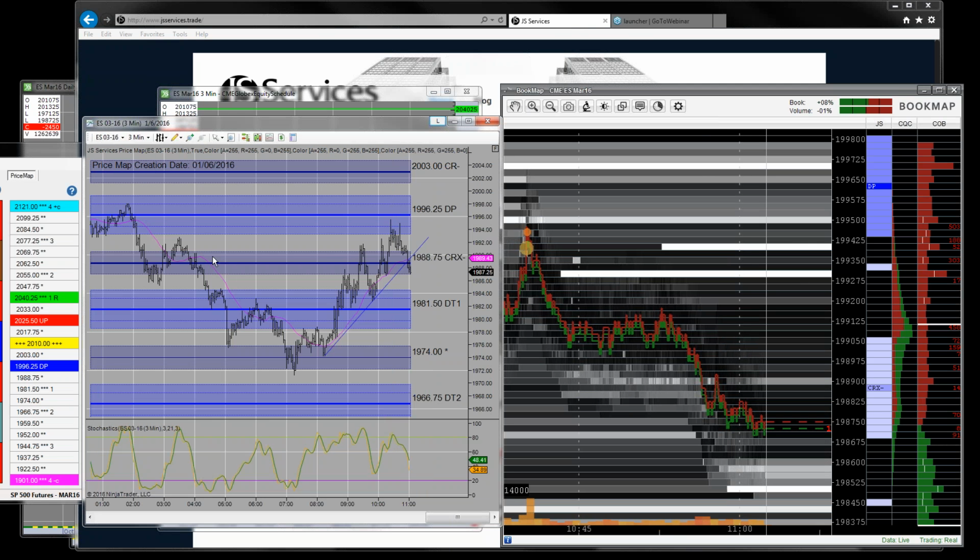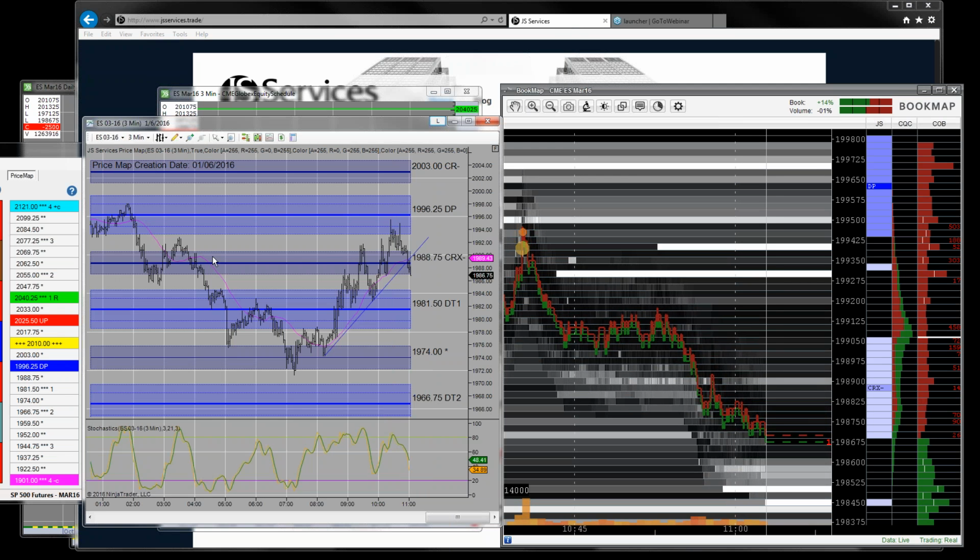Then combining that quantitative analysis with more behavioral, qualitative analysis of the technical analysis, and then looking at BookMap for the microstructure to line up with that, being able to see the limit order book historically as well as current, and then pinpointing those areas of entry and exit as well as managing risk.